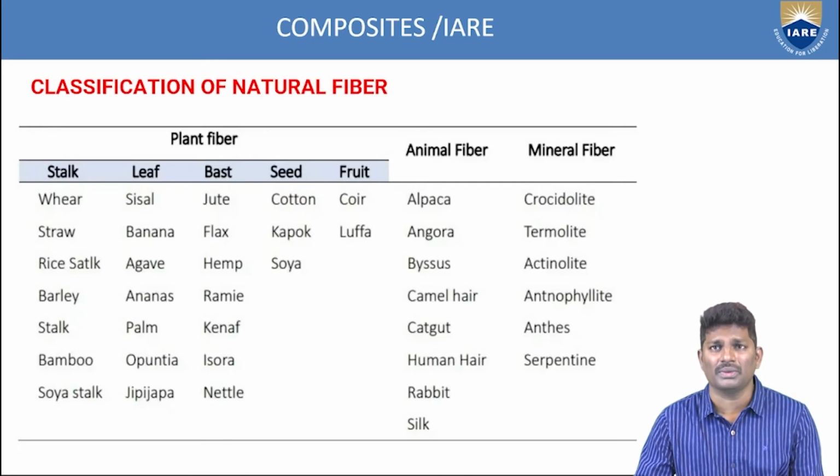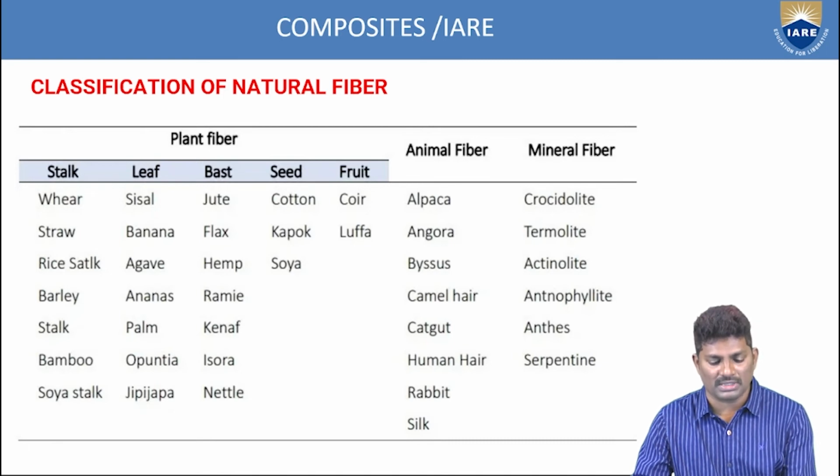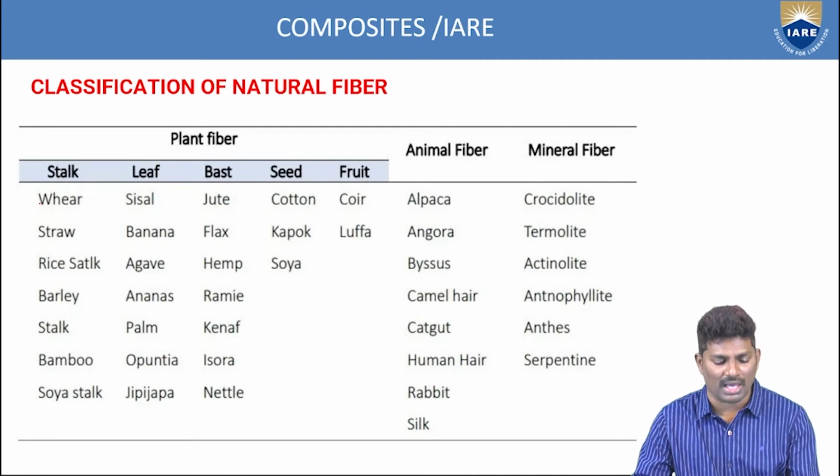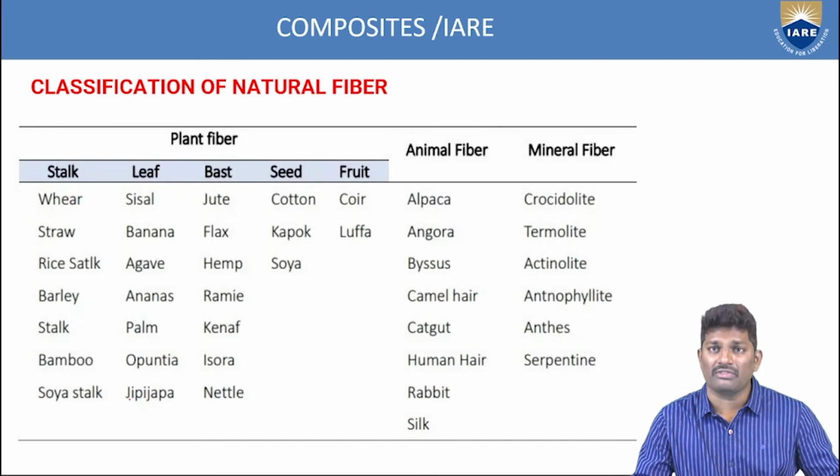And how are we classifying these natural fibers? First is plant fibers, then animal and mineral fibers. From the plants, we have wheat straw, rice stalk, barley, bamboo, soya stalk. All these we get from stalks. And among leaf types, there are sisal, banana, palm. Like that, you have different types of fibers available naturally.